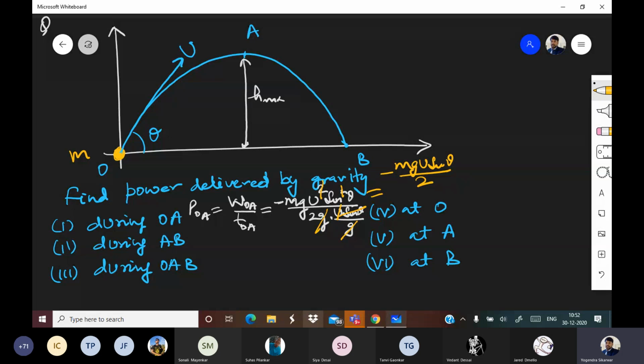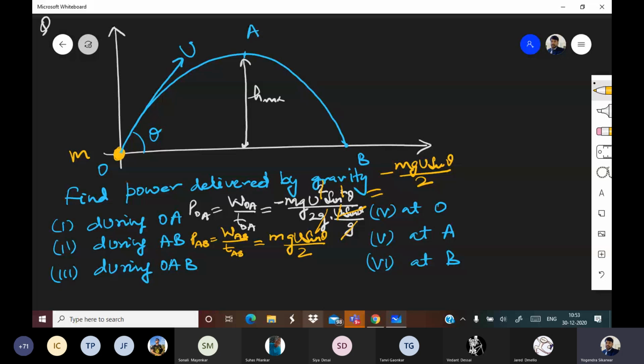So if you have understood the first answer, then obviously your second answer will be automatically correct. Why? So PAB is equal to WAB upon TAB. WAB upon TAB, and I am writing directly, it will be mg into u into sine theta by 2.